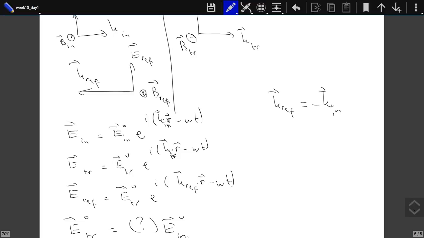Now, if omega are different, then even if they are continuous at a given time, since they will change differently in different media, that continuity will not hold anymore after some time. So that's why omega has to be the same. Convinced? Let's look at our conditions, and then we can see what will happen.